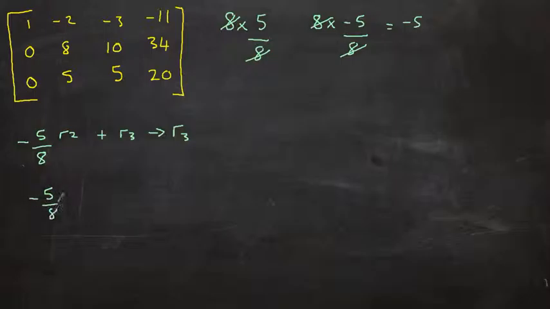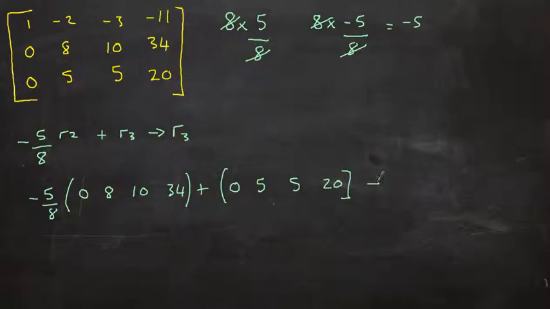So let's multiply first. Minus 5/8 of row 2 is 0, 8, 10, 34. Then add it to row 3, so we'll add that answer to 0, 5, 5, 20, and we'll put the answer in row 3. I suppose I should have used the curly bracket, but who cares.